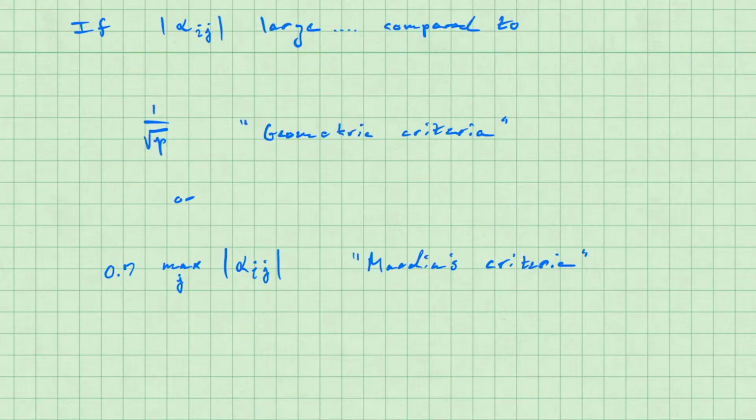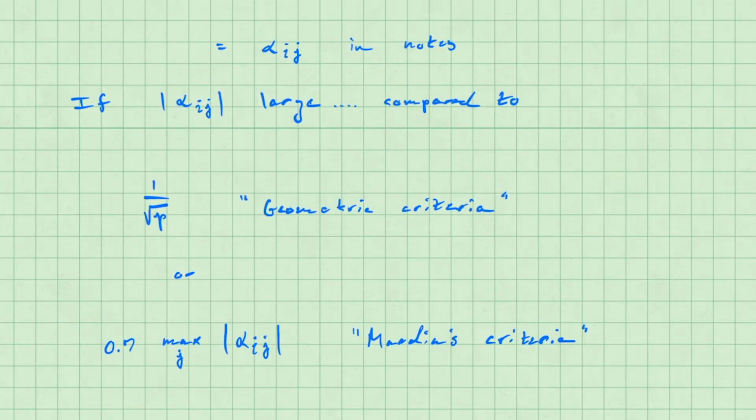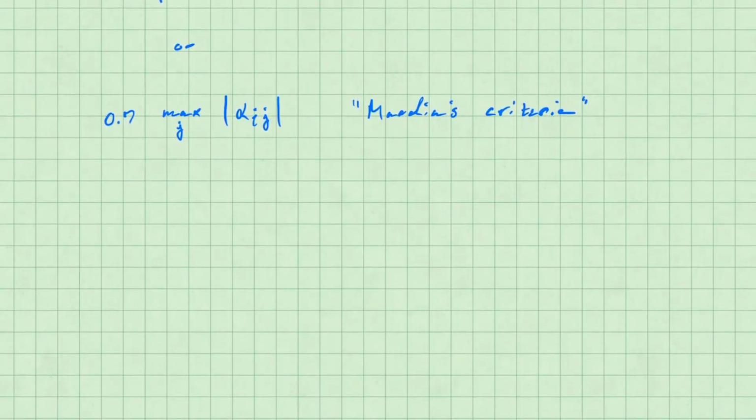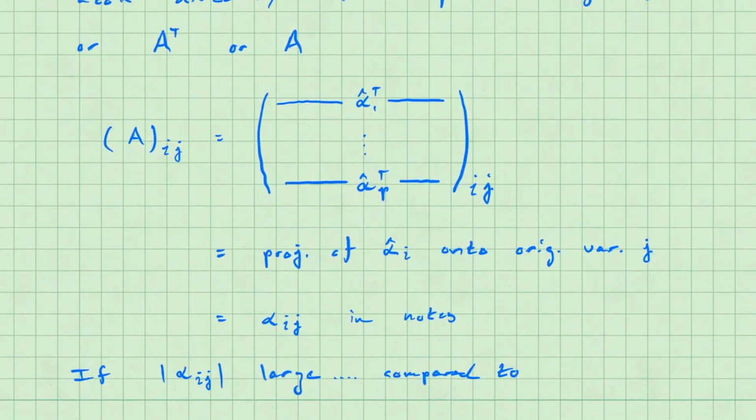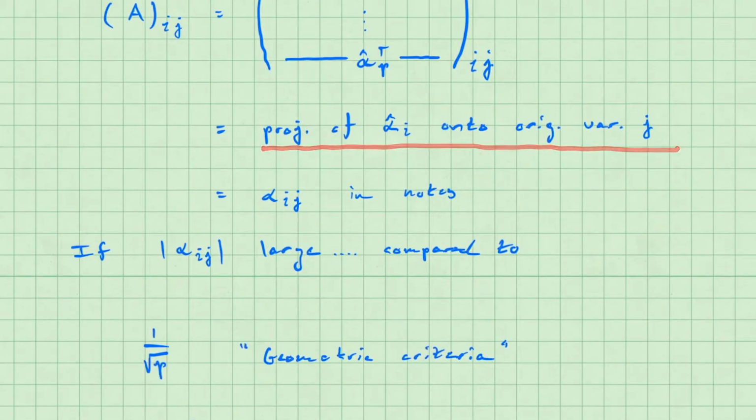So these are the two different things we've seen for how you determine what qualifies as big for these components. But in any case, if one of those things is big, and I want to refer back to this line here, which I think is what was really important: we're looking at the projection of that principal component unit vector onto the original variant.